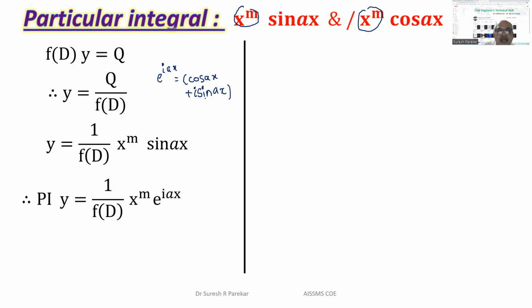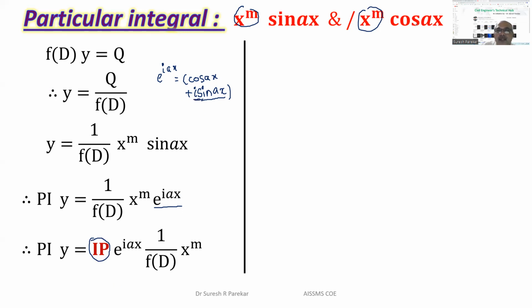So whenever we have sin ax, we have to consider the imaginary part of this. So you can see we have this as the imaginary part, so we have to deal with the i part only, not the real part.